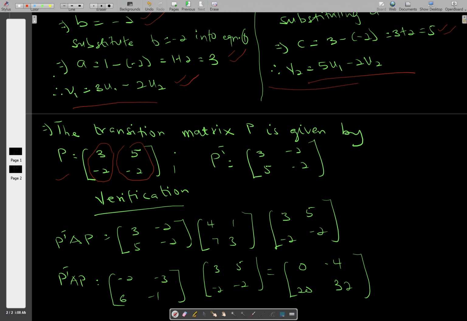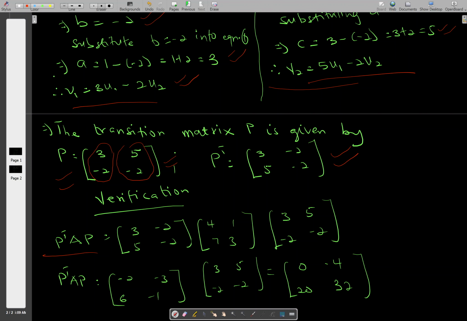The second part of the question says that we have to verify that P transpose AP is equal to B. First of all, we transpose our transition matrix, and the transpose of this matrix is given by this: 3, negative 2, 5, negative 2. We already know our matrix B. If we want to verify, we are required to solve for P transpose AP.